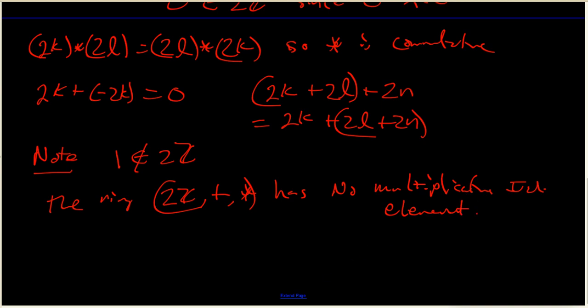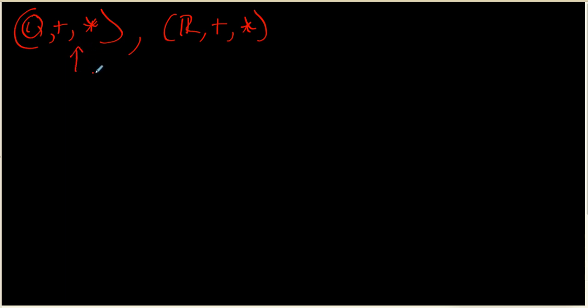Now, there's one final thing that I want to look at, and that happens to be some other structures that we're very, very familiar with. So I want to be thinking about the rational numbers under their addition and their times, and I also want to be thinking about the real numbers under their addition and their times. In both of these structures, we actually have all of the ring properties.